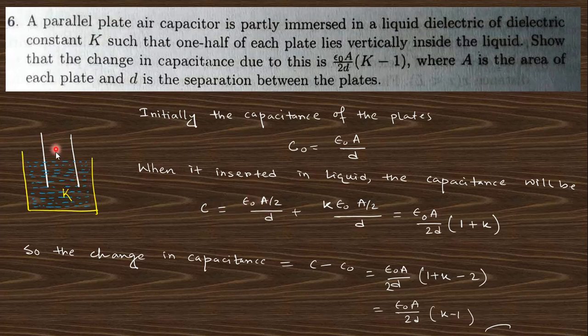For air, it is epsilon naught A by 2 by d, because the area is half in air. The other one is K epsilon naught A by 2d, since the dielectric constant is K. Taking this as the new capacitance C, the change in capacitance will be C minus C0, and you will get this answer. Clear? Next question.